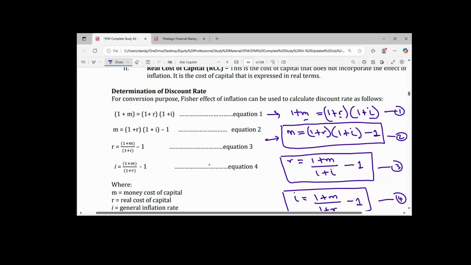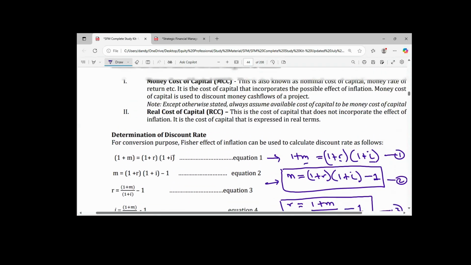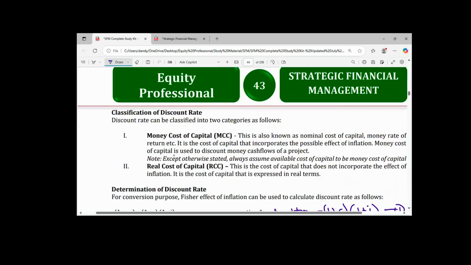Again, if you are given money cash flow and you have converted it to real cash flow, then because you need to use real cost of capital, and if you are given money cost of capital, you need to convert it to real cost of capital. To do that, this is the formula you are expected to use. So that is basically what you need to know as far as the impact of inflation is concerned.